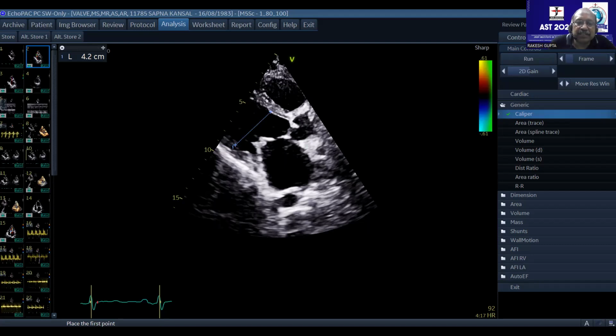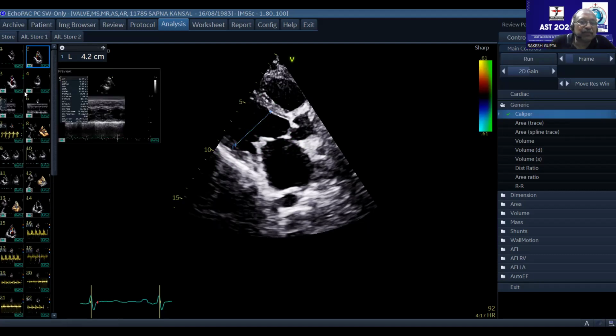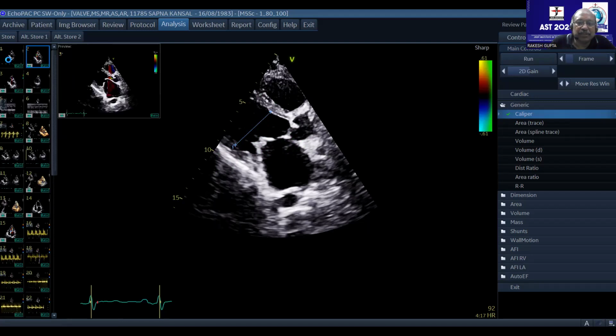That is the LV dimension. Because if you have a large LV size, what does it mean? It's not only associated with mitral stenosis; there has to be some associated lesion like MR or AR. Let's move on to another factor, same patient.